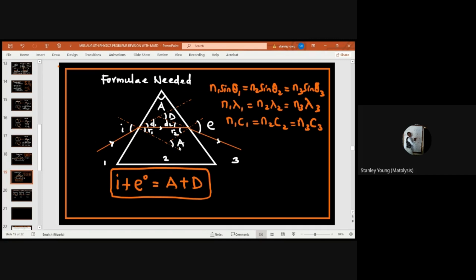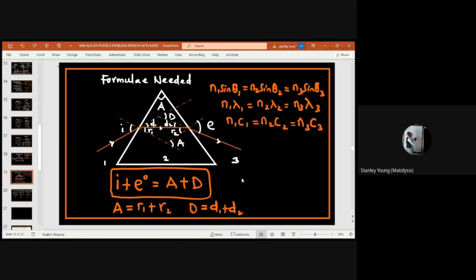Based on this diagram, this angle here equals the sum of opposite interior angles. Don't forget that in a triangle, the exterior angle equals the sum of opposite interior angles. A equals R1 plus R2. And again, this D here is also equal to D1 plus D2, same reason. Exterior angle equals the sum of opposite interior angles. Another thing you need to know is that this angle I here equals this angle here, vertically opposite angles.